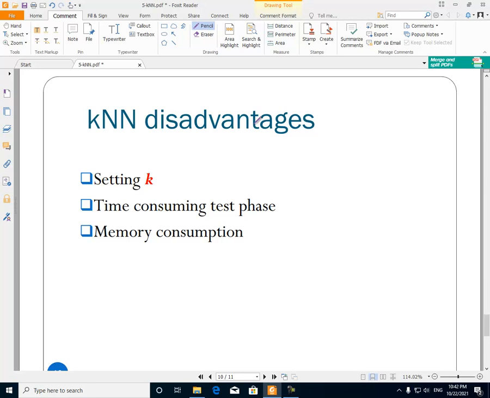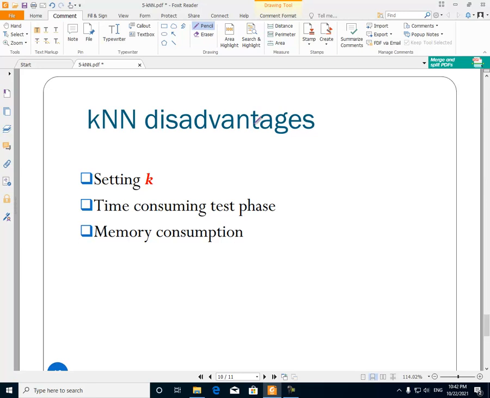When we have a large training data set, KNN would be very time consuming. But if the training set is not very big, this classifier could be used.